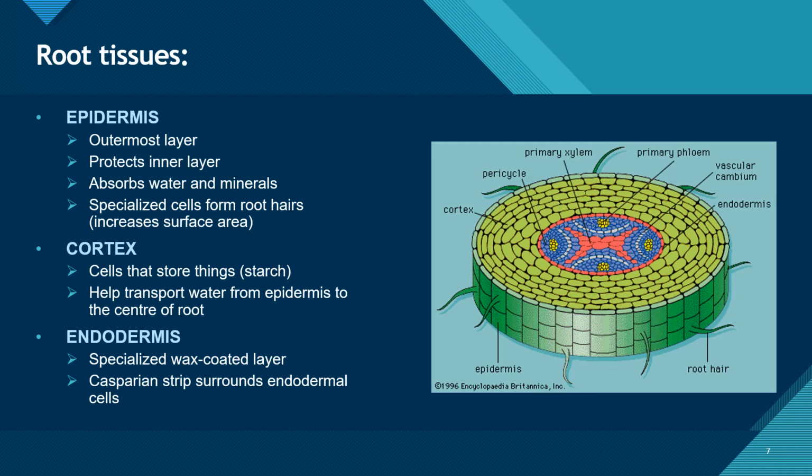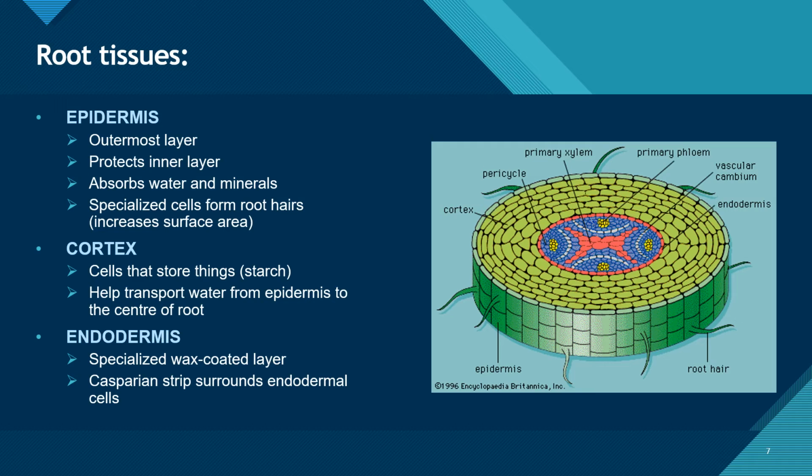Same with roots. Then we have the cortex, which are the cells that store things like starch, which is very important for a plant, and they help transport water from the epidermis to the center of the root. And then the endodermis is the specialized wax-coated layer, and some plants like cacti have a better wax-coated layer because of where they live in the world.